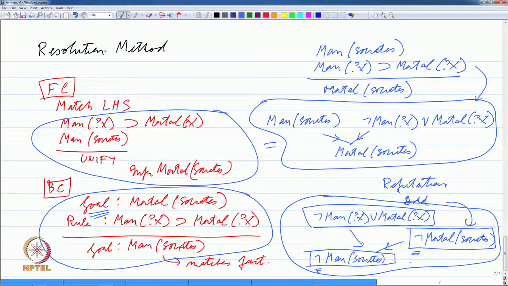And to this, if I add the real fact which is man Socrates, then I said here that this matches a fact, but you can see that it amounts to saying that I can take that fact and this goal. If you think of this not man Socrates as a goal, you match it, and what you really get is a null clause essentially. So, this matching fact is kind of equivalent to this essentially.